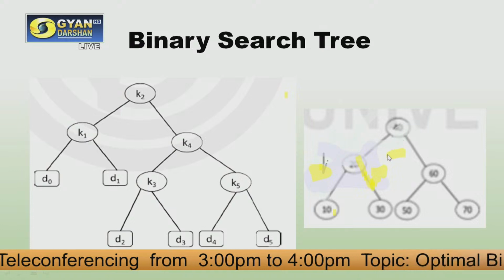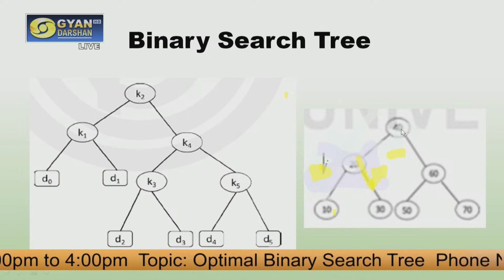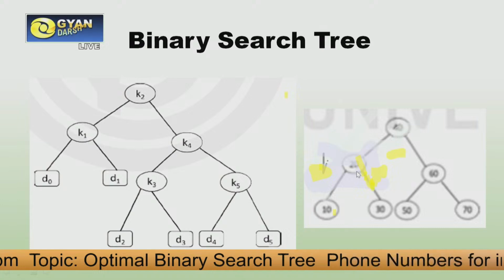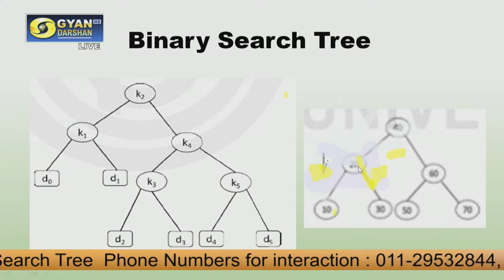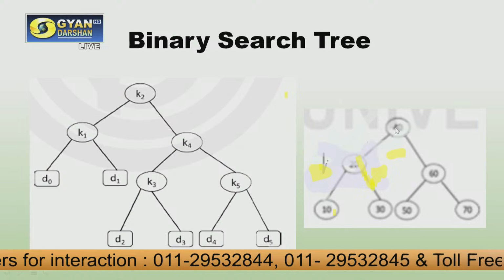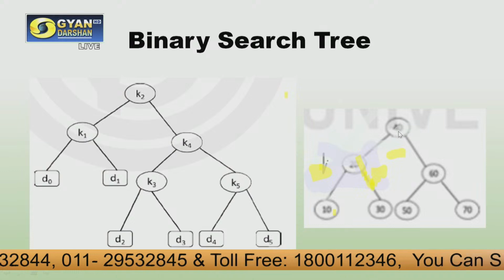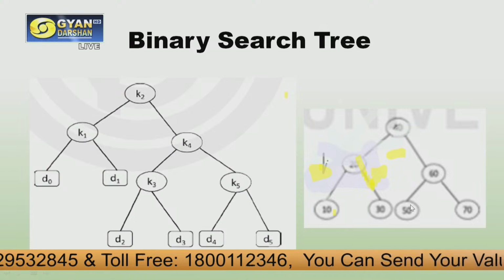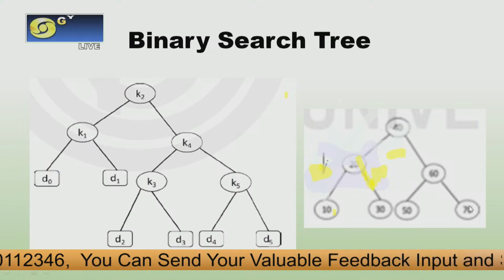In this particular case, look at 40, 20, 60, 50 and 70. Forget about the other two nodes. If these are my 5 Ks, then K1 is 20, K2 is 40, K3 is 50, K4 is 60 and K5 is 70.